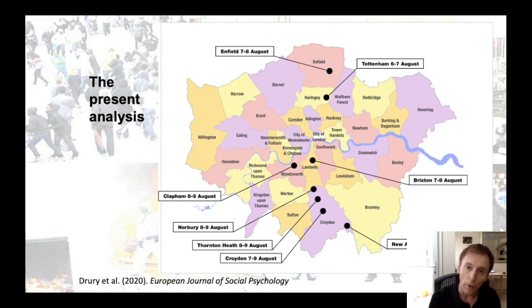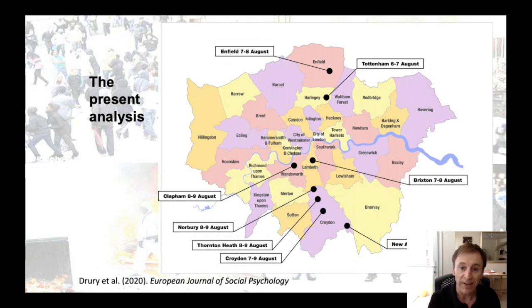And one of the reasons for focusing on these is the theoretical problem of explaining spread, because we have some evidence that the initial spread around Tottenham to Tottenham Hale was of people in the same location travelling.